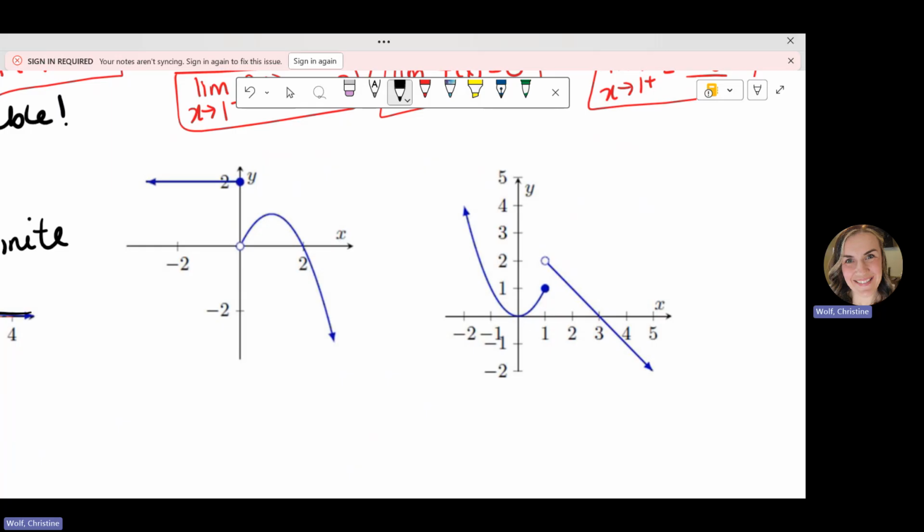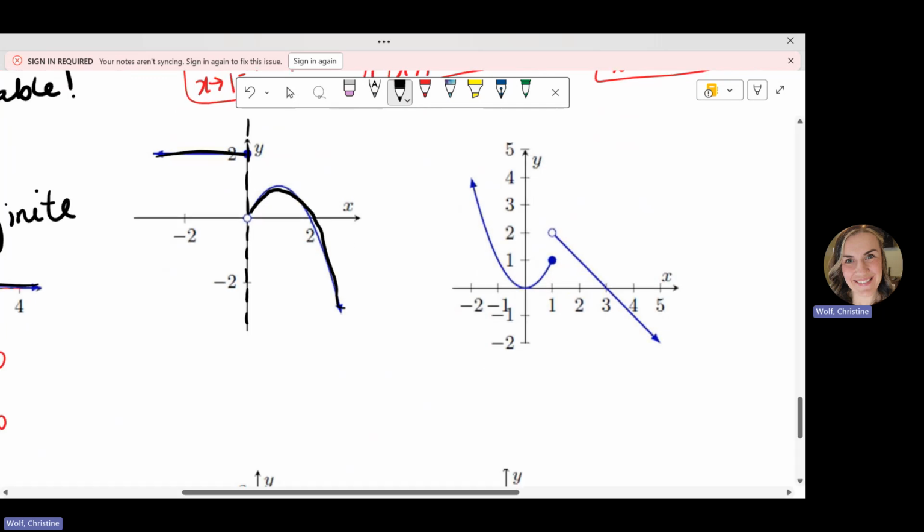Now we have this going on. On Friday, this was the x value we were checking and approaching. x is 0. When I come from the left, I'm approaching y equals 2. But when I come from the right, I see that I am approaching a y value of 0. So let's write that down.